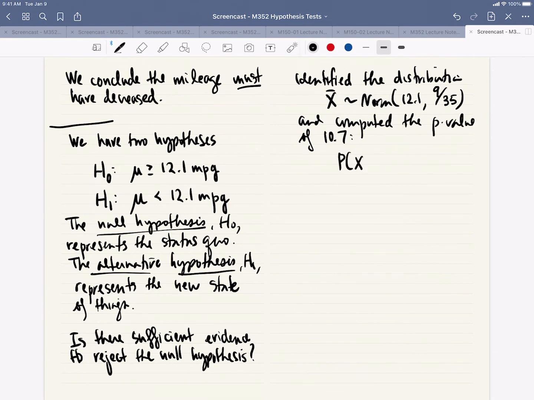That is the probability that our sample mean was less than or equal to 10.7. We got that to be 0.00288. And because the driving was regular during these 35 measurements, we reject the null hypothesis. In fact, even if you didn't know anything about the conditions under which your sample was generated, this probability is so low you would reject it.